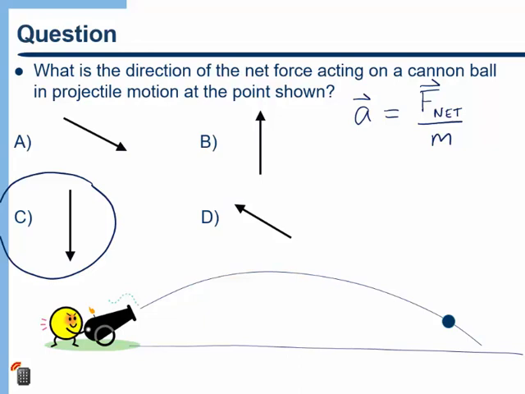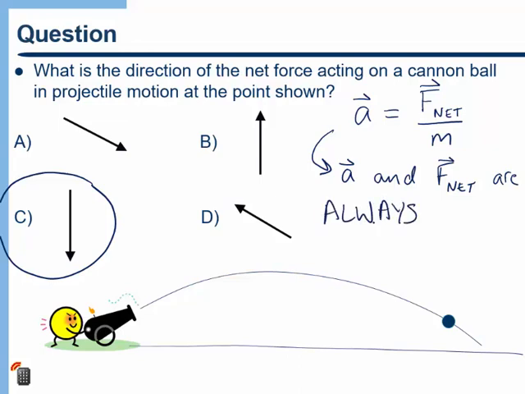Well, mass can't be negative. So what you'll notice from this formula is that A, the acceleration, and the net force are always in the same direction.